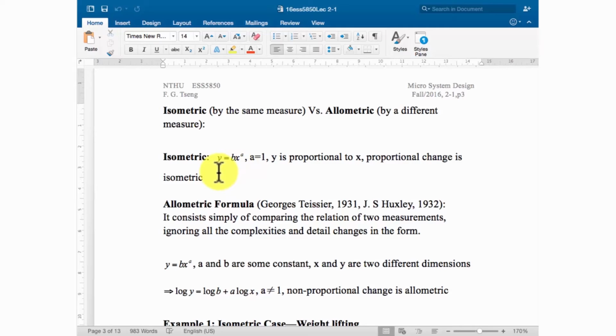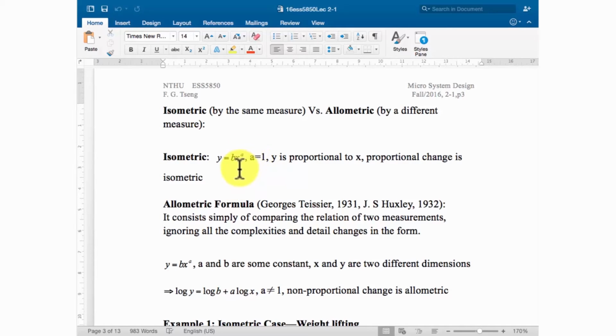If we have twice the height, and we also blow up your width by twice, in the end you will find a similar person with a different size. One is a taller person, the other a shorter person, but they look similar. If you do it this way, the system is called the isometric system, so a equals 1.